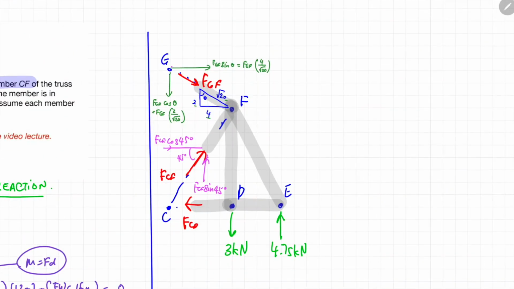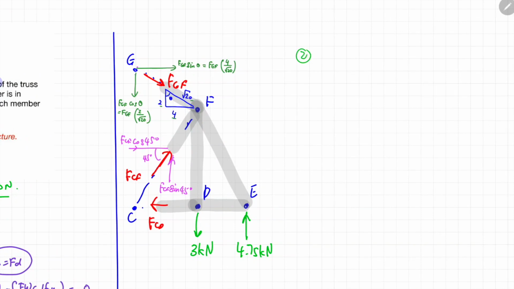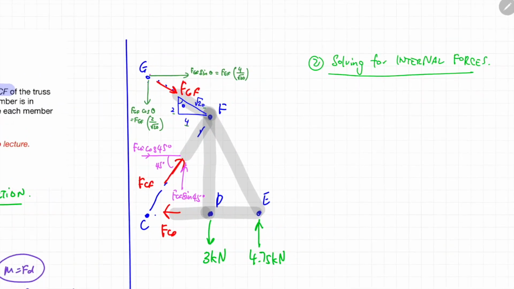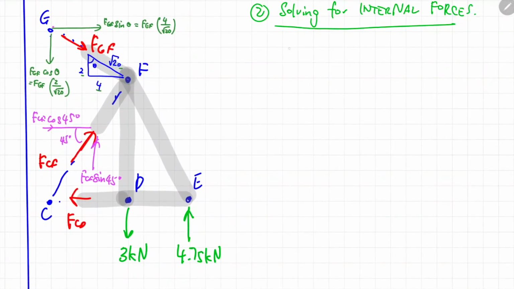Okay, now we have resolved all the inclined forces into an equivalent x and y direction. Then only we can solve for all the internal forces, whereby we need to find the magnitude of FGF, FCF and also FCD. If we apply the equilibrium condition, it's up to you whether you want to apply from x, y, z, or at moment direction.